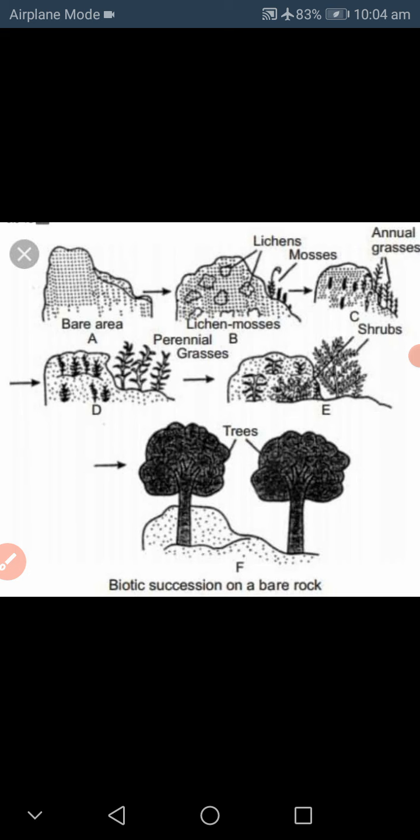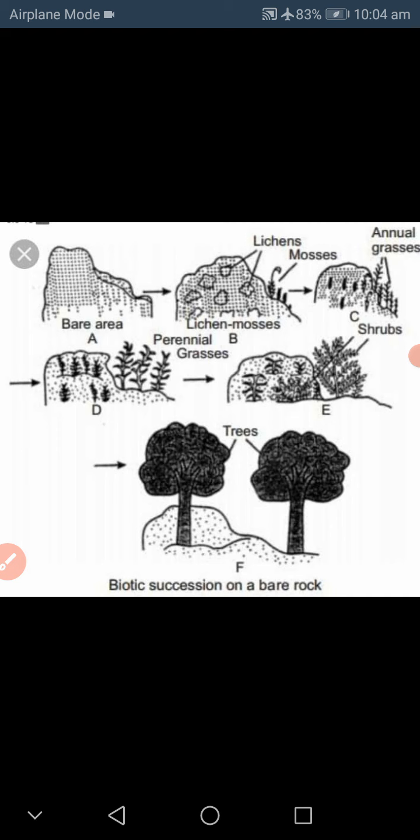Next is annual grasses, means herbaceous plants will appear. Next the perennial grasses, and that becomes shrubs, and then shrubs lead to the formation of a climax stable community with mesophytic plants, means perennial plants will grow.